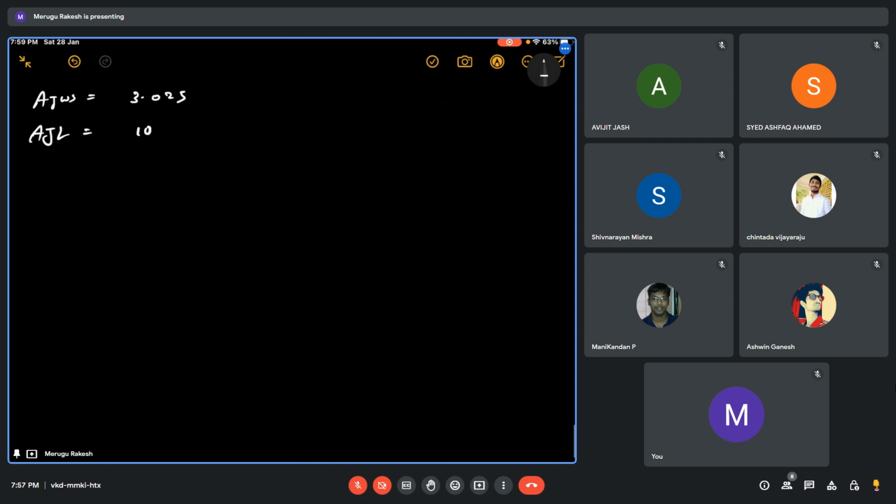Then comes the fourth model, earliest due date. So here you have to follow a similar principle, but instead of job flow time, we have to concentrate on the due date.